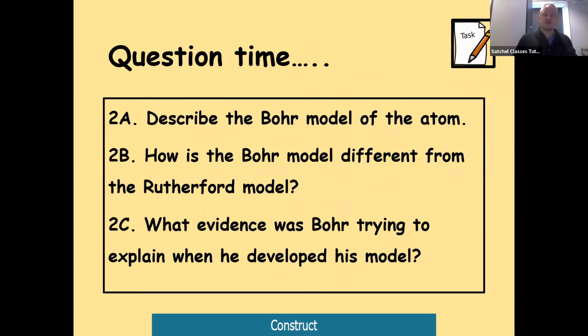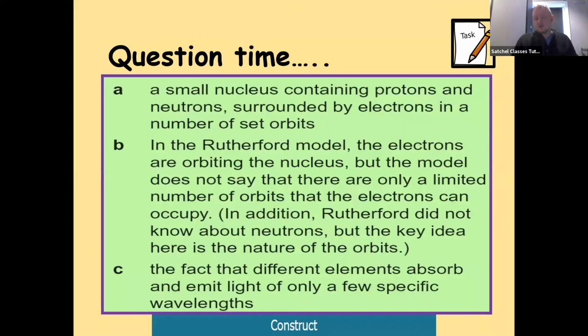So a couple more questions. Describing the Bohr model of the atom, which we've already started doing, how it's different from the Rutherford model, and what evidence he was trying to explain when he developed the model. Bohr model of the atom is a small nucleus containing protons and neutrons surrounded by electrons in a number of set orbits. In the Rutherford model, the electrons are orbiting the nucleus, but the model doesn't say there's only a limited number of orbits that the electrons can occupy.